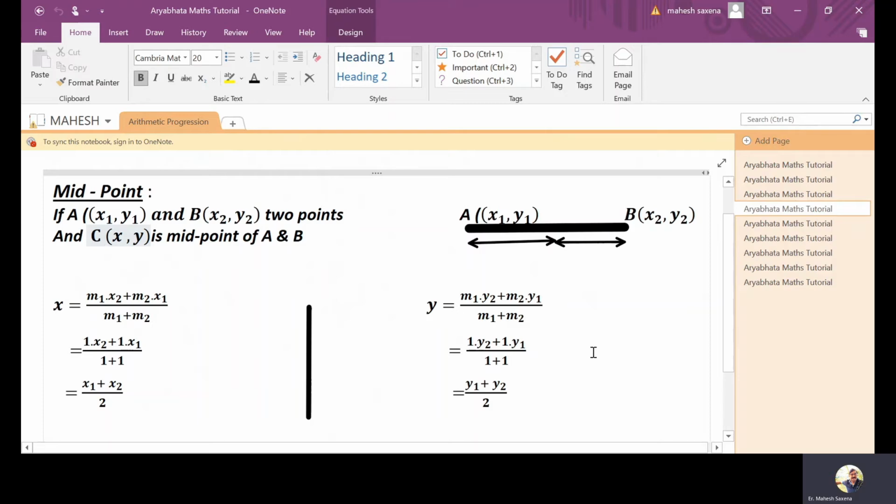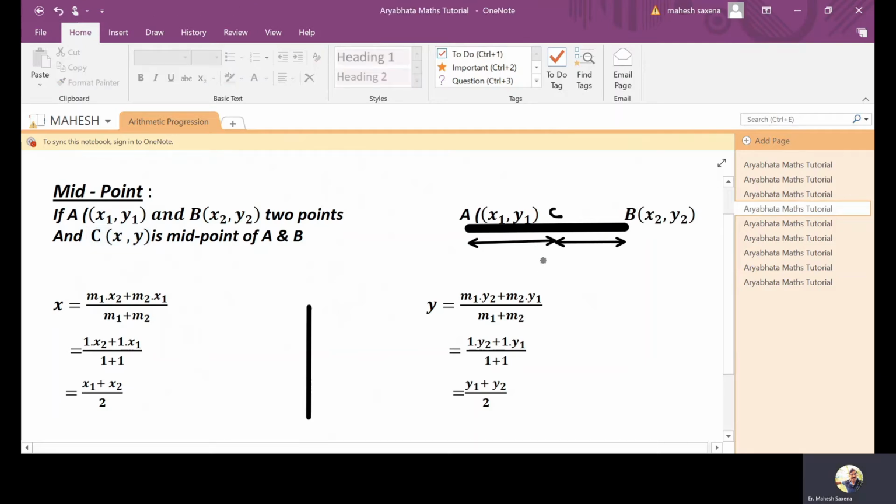Now we come to the midpoint. Let A have coordinates x1, y1, and B have coordinates x2, y2, and let C be its midpoint with coordinates x, y. Since it is the midpoint, the ratio m1 to m2 is 1 to 1.